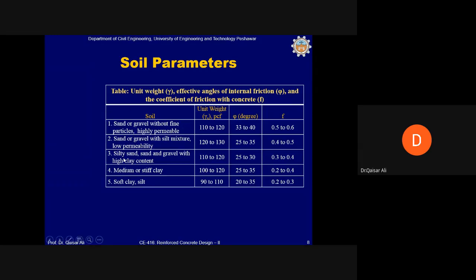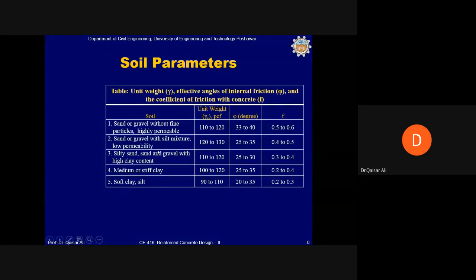There are 5 types of soil discussed in this table, and corresponding to every soil type, the unit weight of the soil, the angle of internal friction, and f, the coefficient of friction between the base of the retaining wall, which is mostly concrete, and the soil.